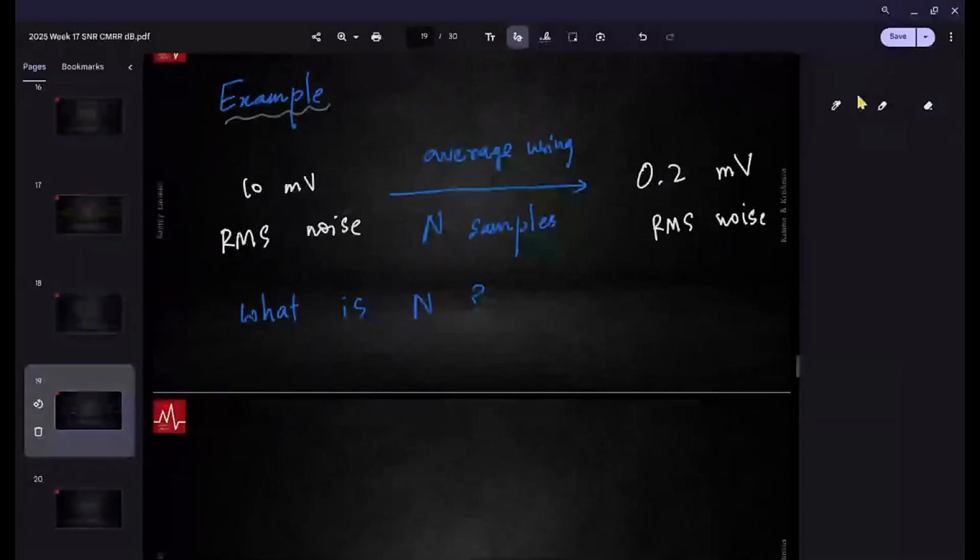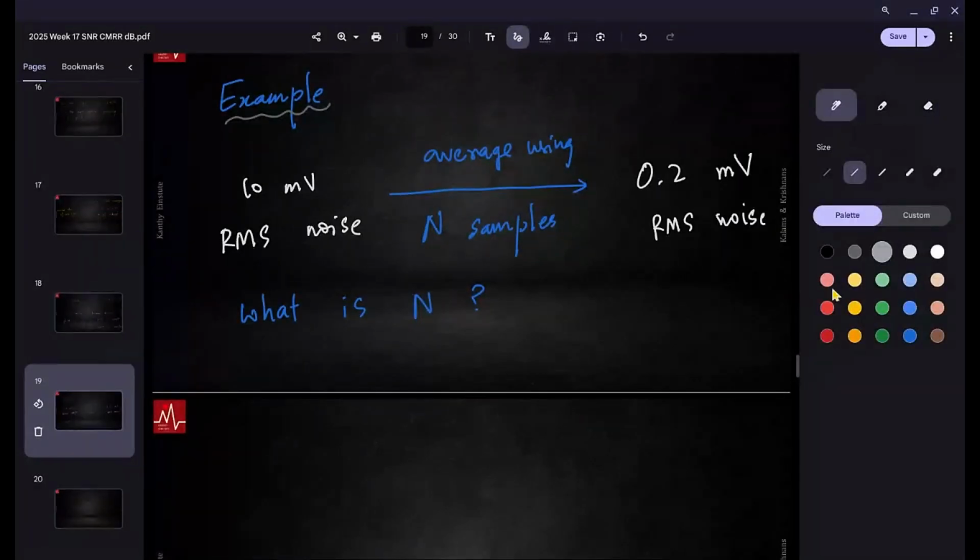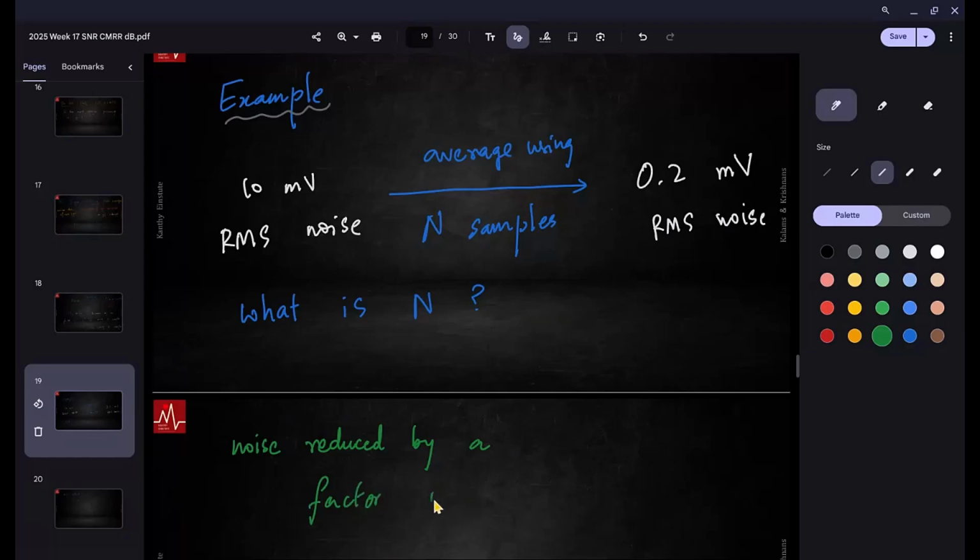Let me again, some of you are wondering, how do you do this? At least, put this in simple English and retain it. Noise is reduced by a factor of how much?